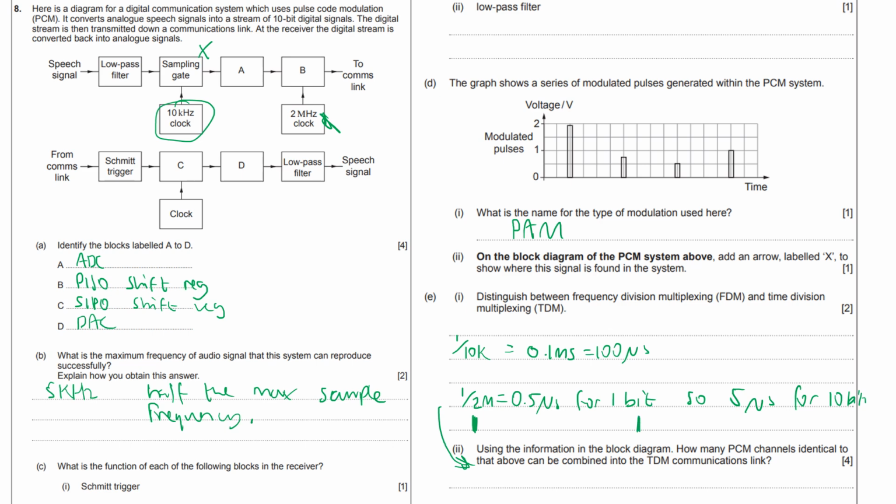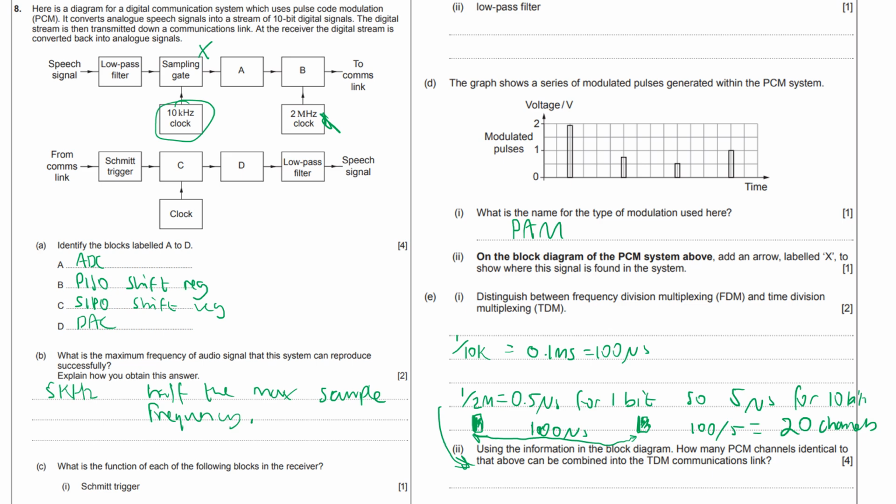This sample lasts for 5 microseconds, this sample lasts for 5 microseconds. But there's all of this time in between, because that's 100 microseconds long. So there's 100 microseconds before the next sample comes in. So how many will fit in? It's literally going to be 100 divided by 5 equals 20 channels.